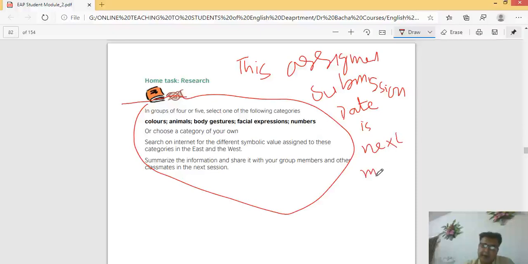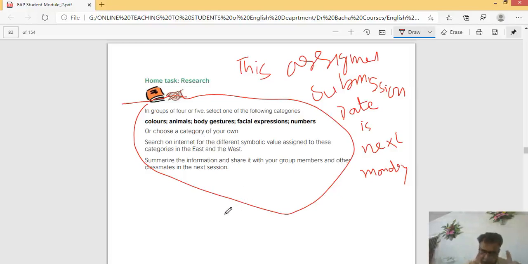You have to submit this assignment by next Monday. You have to send your assignment to the CR, who will collect all the assignments with their names. He will make a file, compress it, and then the compressed file will be sent to me, so that there would be separate files for each assignment.